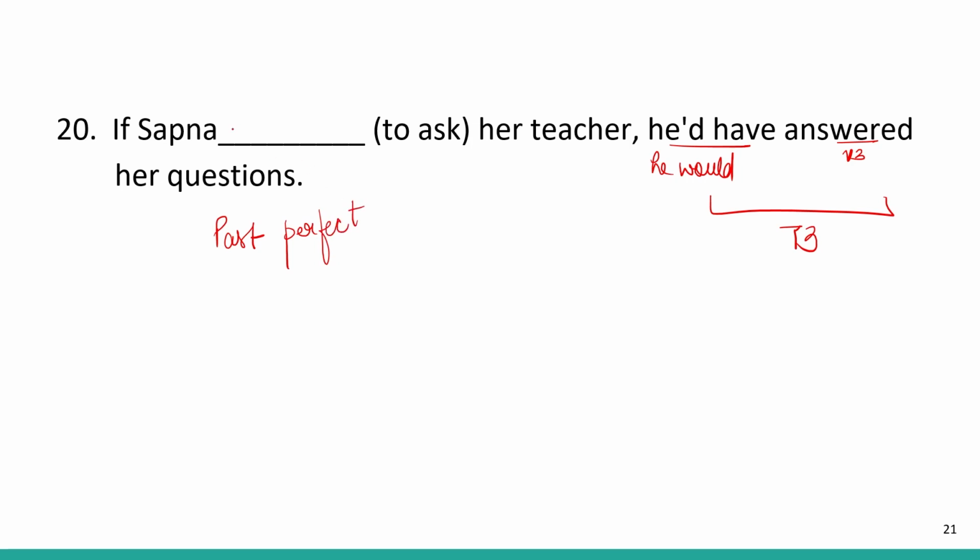So the correct sentence will be if Sapna had asked her teacher, he would have answered her questions. It means if she had asked her teacher, the teacher would have answered all her questions and she would have been doubt free.